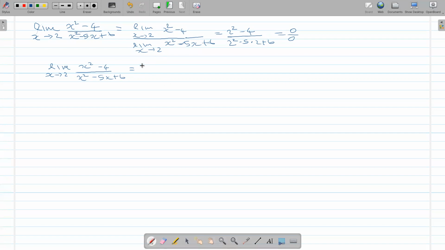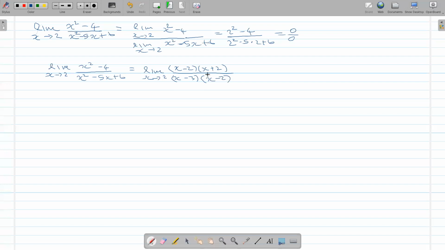So factoring the numerator, this is x minus 2 times x plus 2, from the factoring. In the denominator, we get x minus 3 times x minus 2.